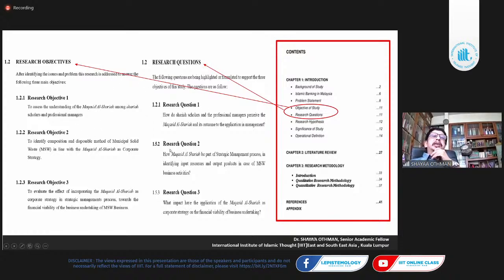So these are the examples. Because you are in this area, you see, this is your interest in the research question and research objective. But you have to discuss with your supervisors.